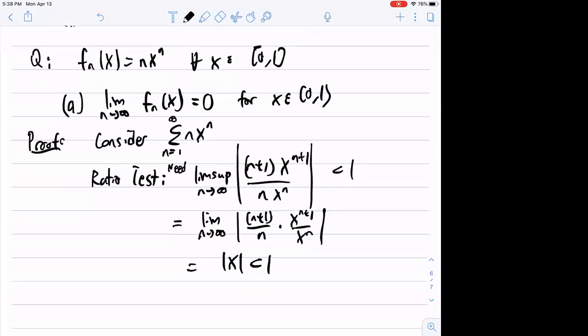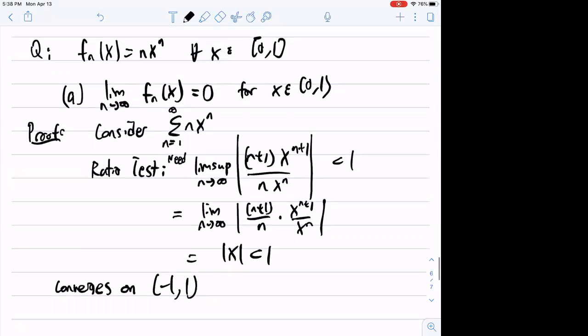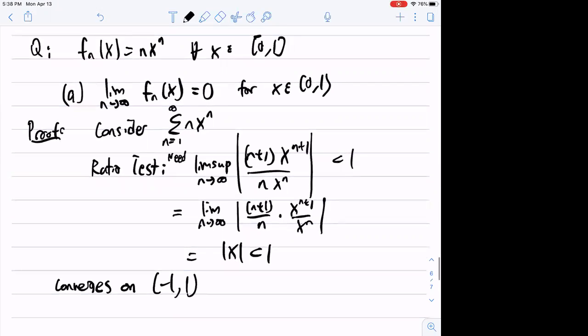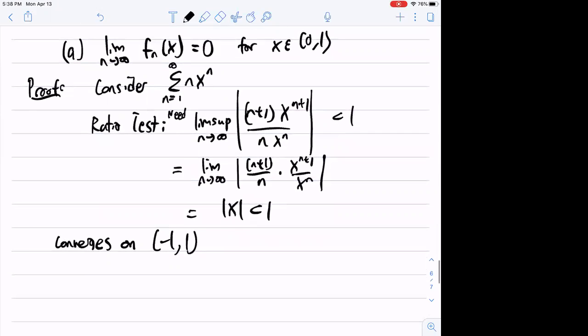So basically, what this is saying is it converges on this interval, at least. I don't care about the boundaries right now. It could converge on the boundary, but I don't really care right now. The point is it converges. So the sum of n x to the n converges on (-1, 1).